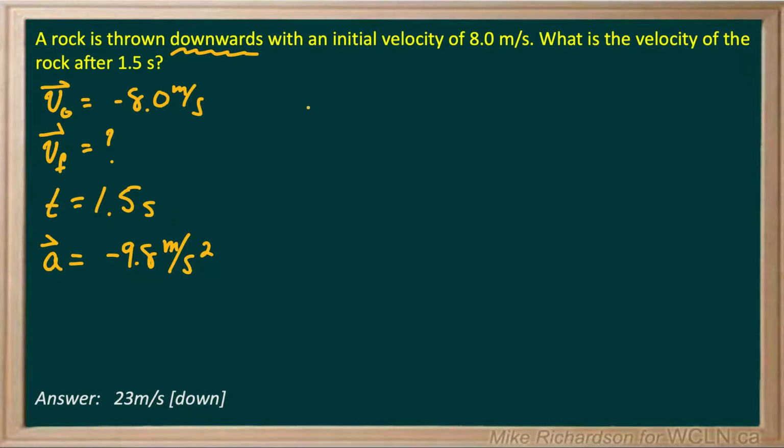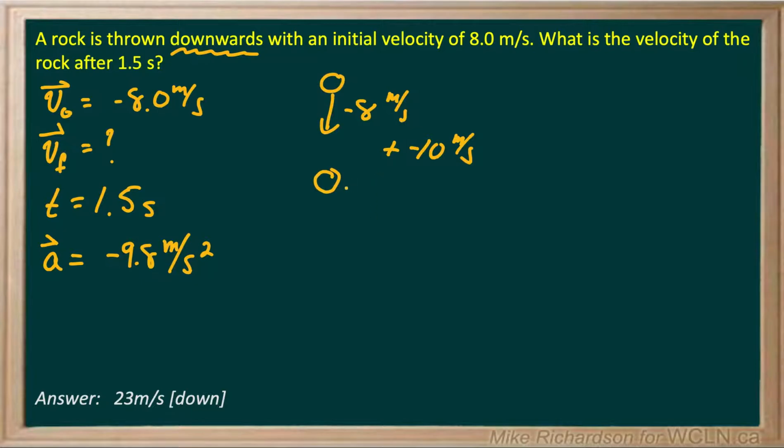So if I throw the object initially downward at negative 8 meters per second, 1 second later, his velocity is going to change by negative 10. So it's going to add a negative 10 meters per second every second.